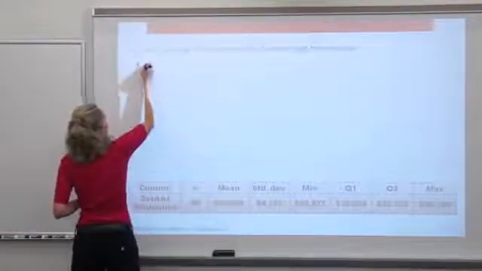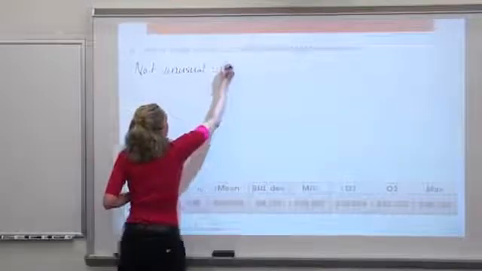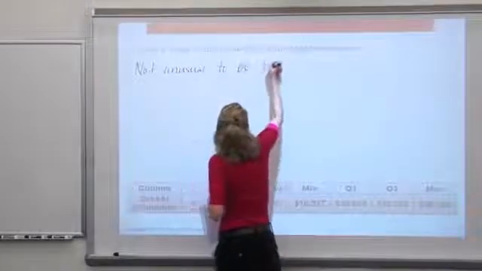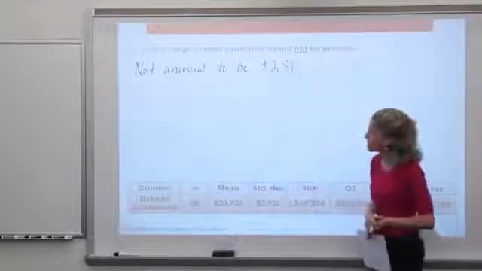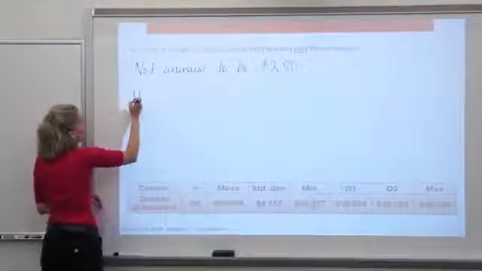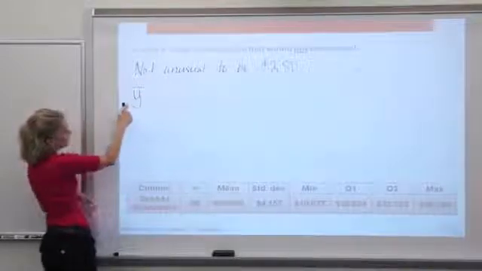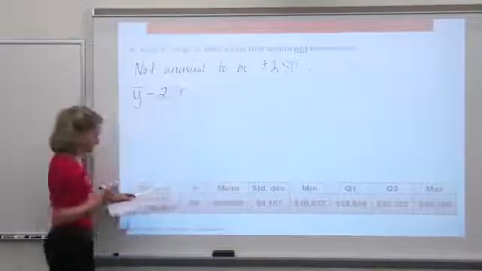So it's not unusual to be 2 standard deviations away from the mean there. So let's find out what the debt at graduation is if we start at the mean and go down 2 standard deviations.